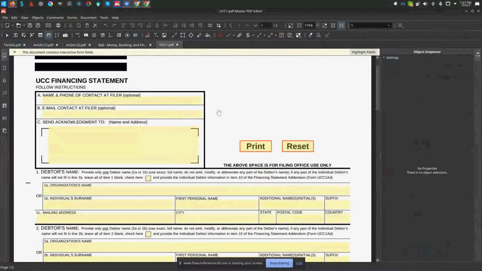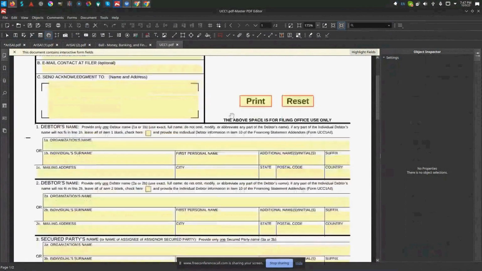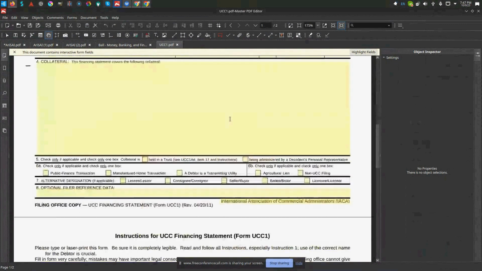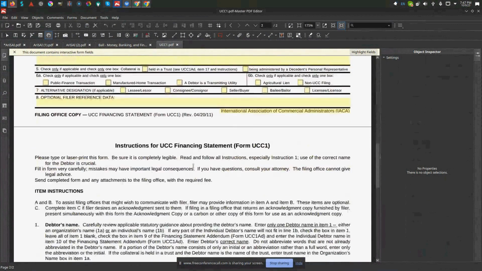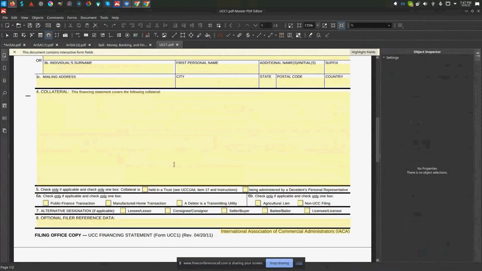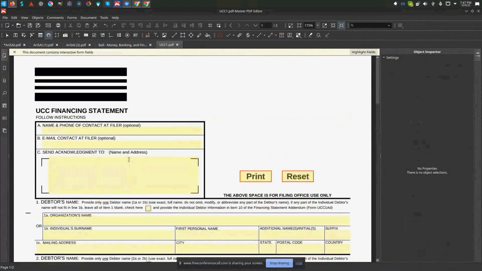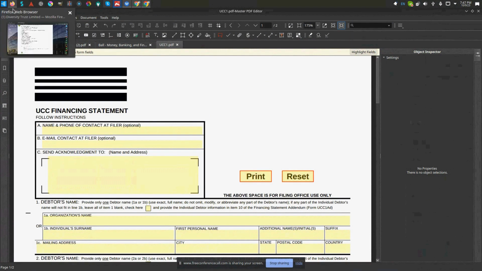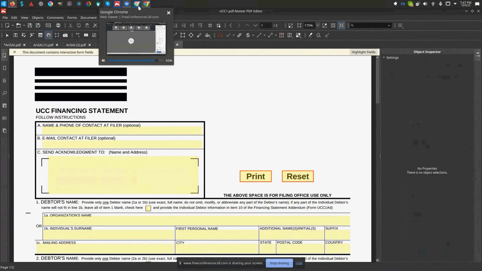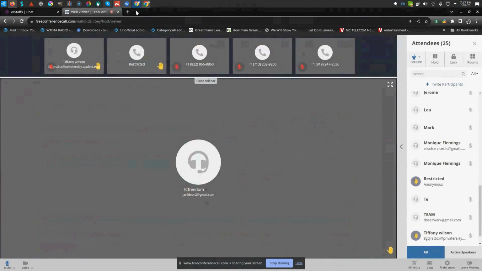Can you see my screen? Yes. Okay. Now, typically, in different territories, different states, most of the UCCs that are in circulation are going to look like this, right? Now, bear with me. I want to show this to you in real time.